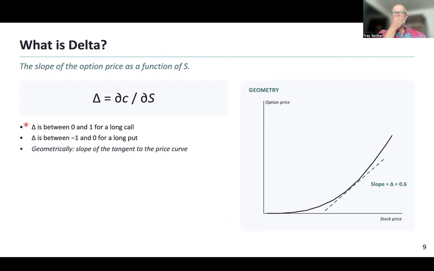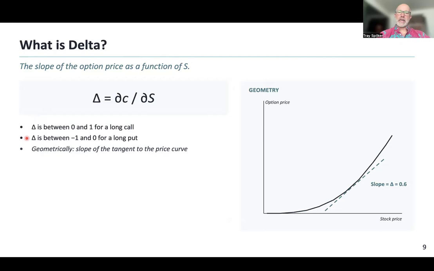For a put option, delta ranges between -1 and 0 for a long put. The intuitions are exactly the same in terms of moneyness. It ranges from -1 if it's deep in the money, close to 0 if it's out of the money, and equal to -0.5 if it's at the money.